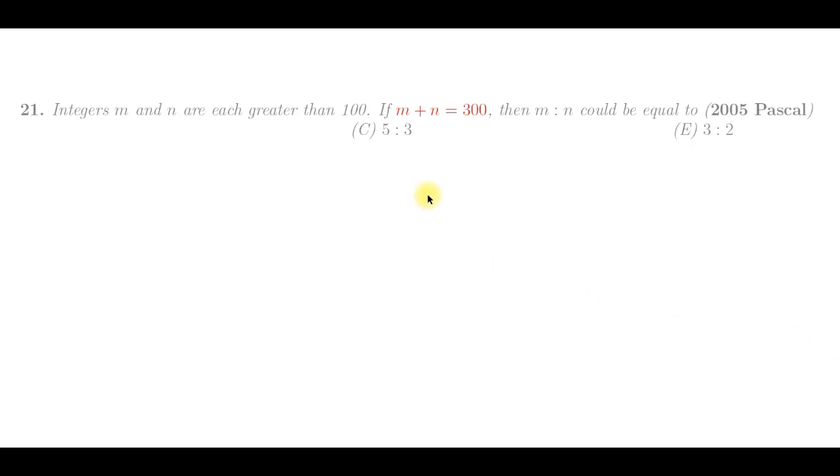Well, now let's look at the second piece of information, and we'll look at our 2 cases separately. If I look at 3 to 5, it means that if I'm dealing with 2 integers, which it says here, this is reduced to lowest terms. So the smallest grouping that we could have has 5 of m and 3 of n, which means that we're dealing with 8 things in total.